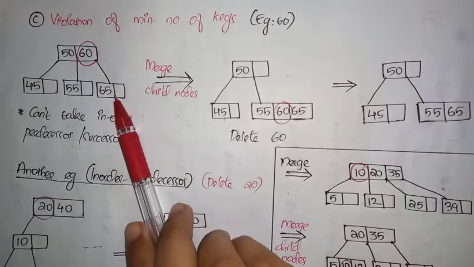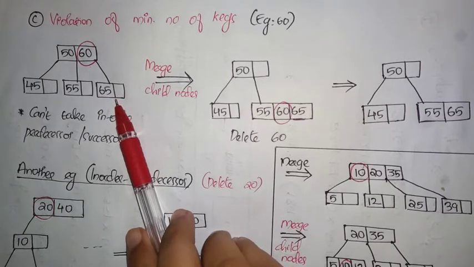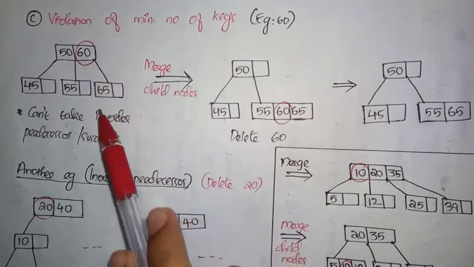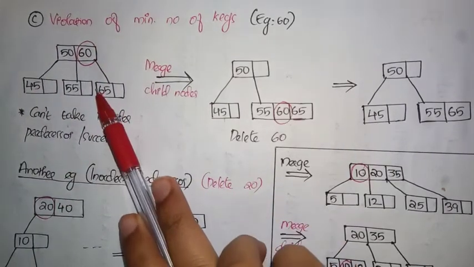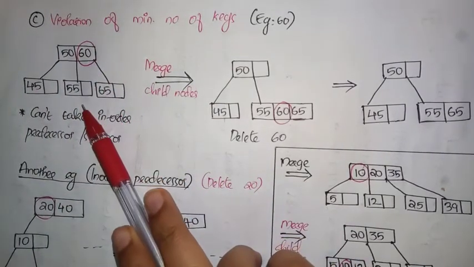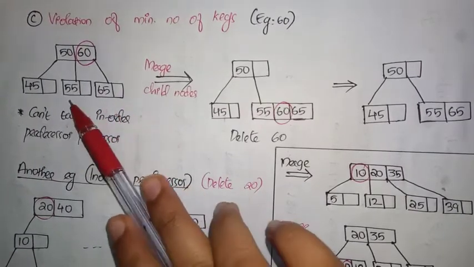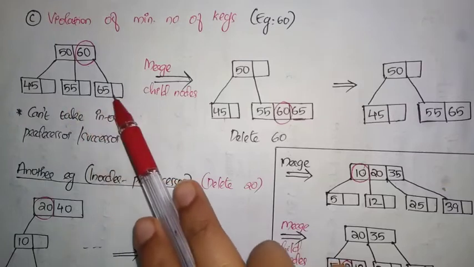Now, what will we do if we cannot take the in-order predecessor or in-order successor? Suppose we have to delete this key value 60 in this specific tree. Here when I look into its right child, only one key is present, and in its left child also, single keys are present.